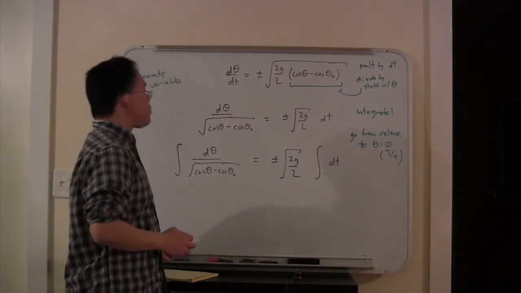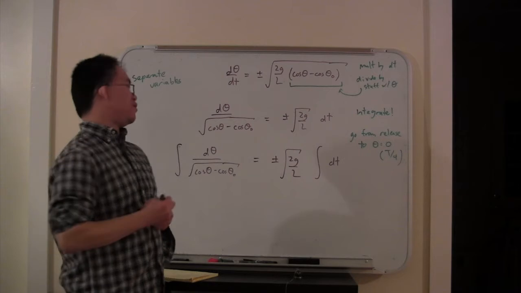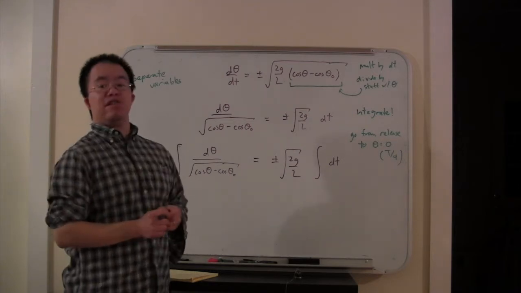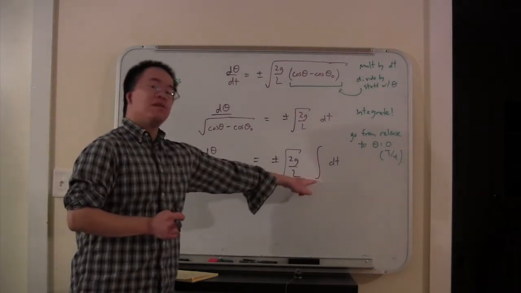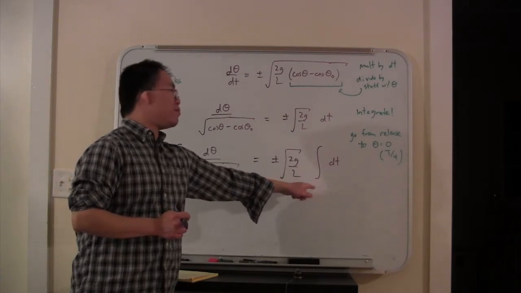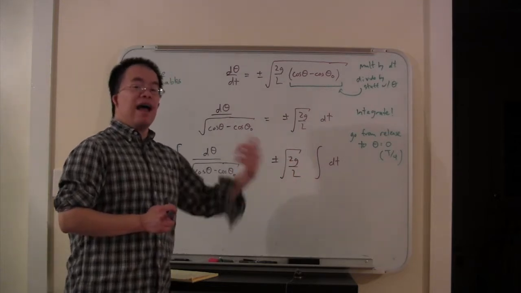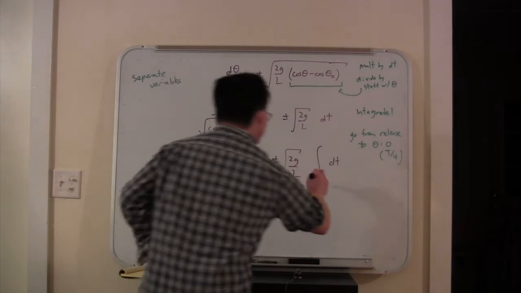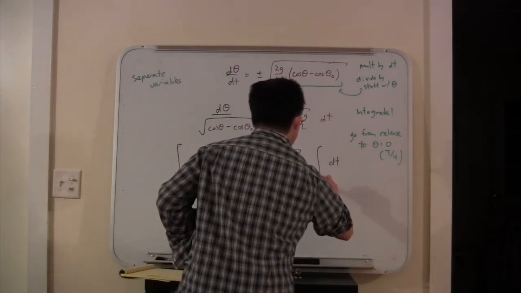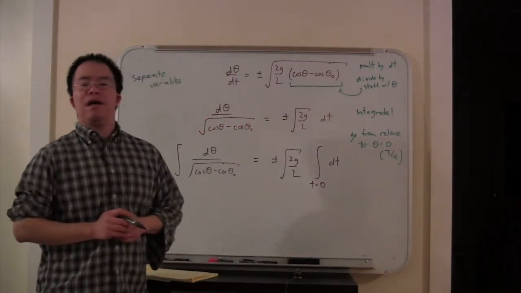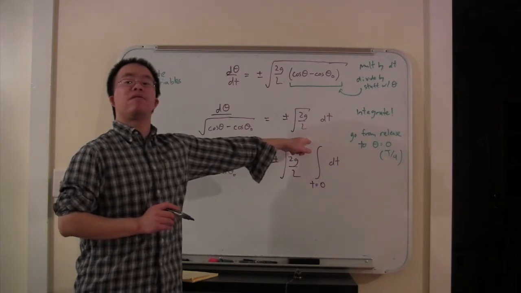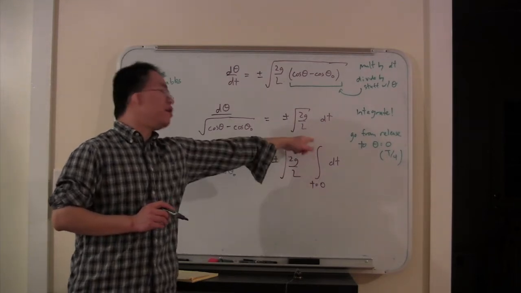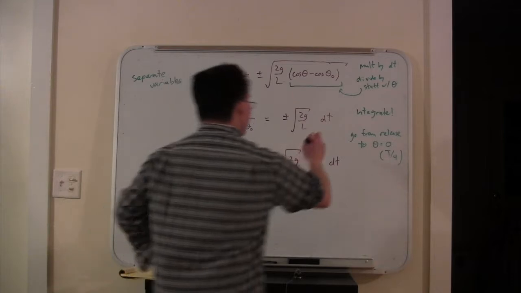So let's now use that to assign the physical limits of integration. If we release it at theta naught at t equals 0, we'll integrate from t equals 0. And then we'll go up to 1/4 of the period, so that'd be 0 to T over 4. That's not so bad.